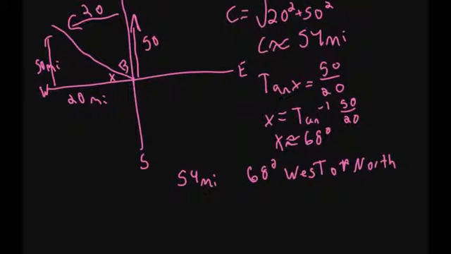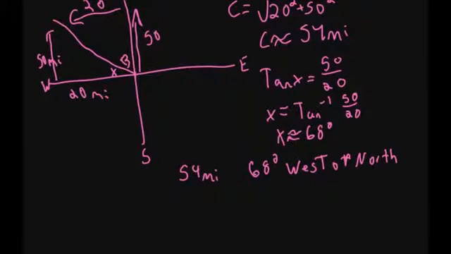We're going to get the same number for our magnitude, but the way we solve for the degree is a little bit different. So here I'm going to have the tangent of B equals opposite, which is 20, over our adjacent, which is 50.